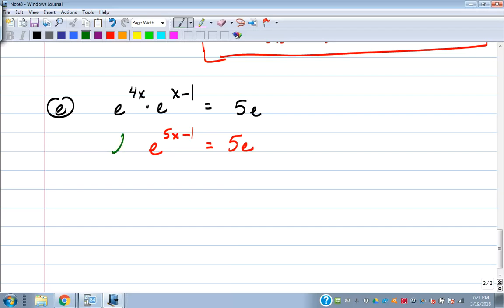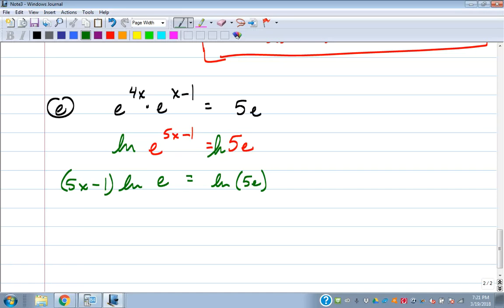Take the natural log, right? And here's a beautiful thing that happens. The natural log of e, what's natural log e? It's log base what? e.